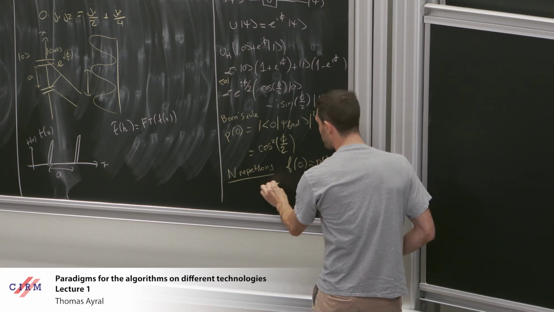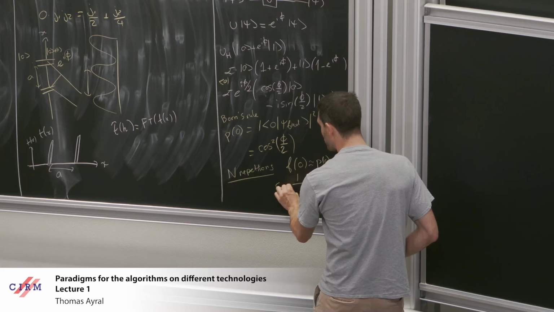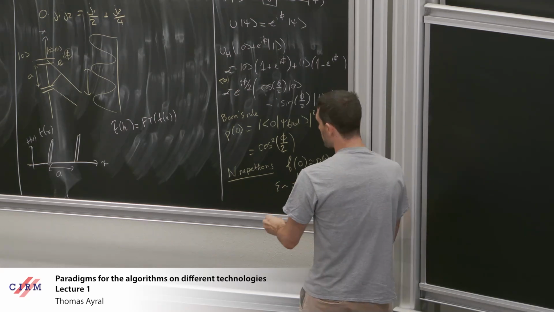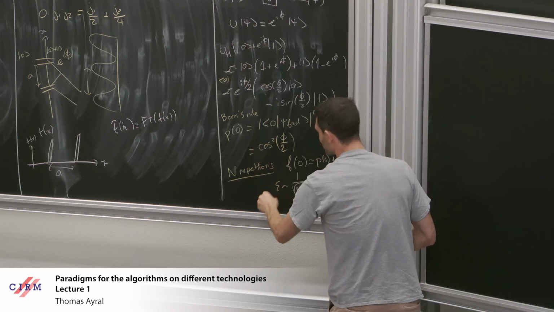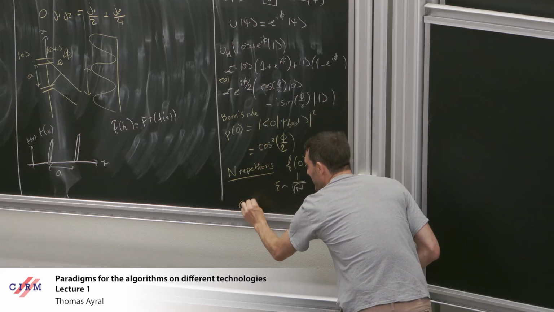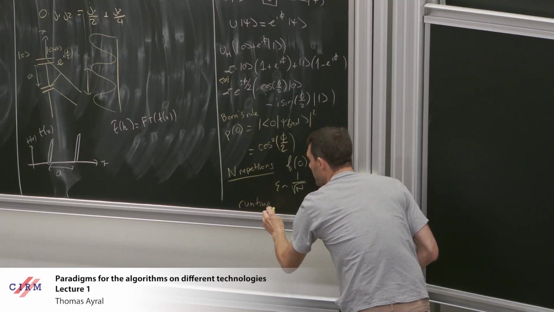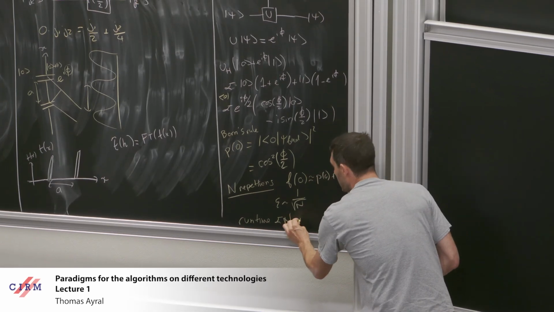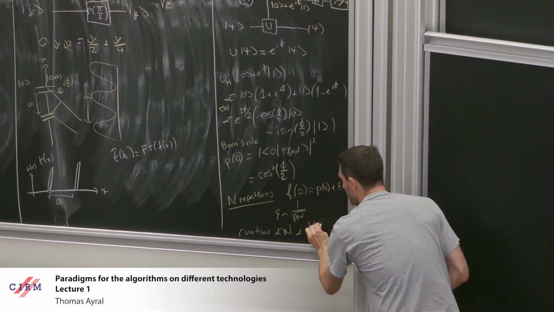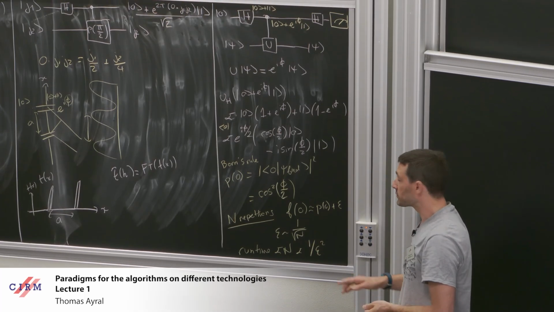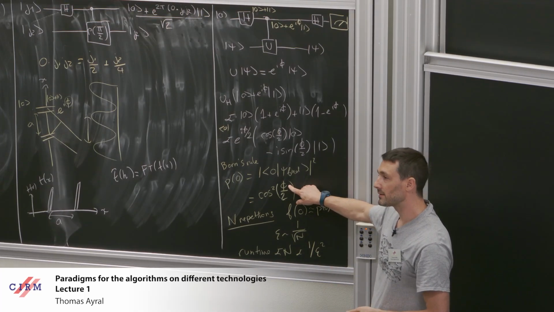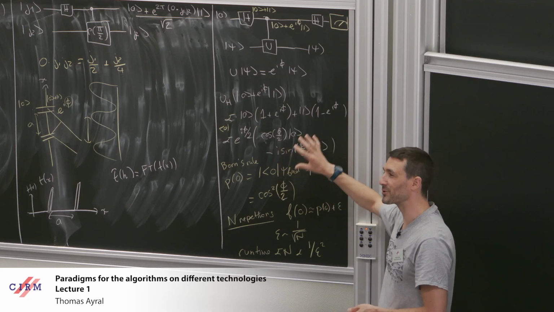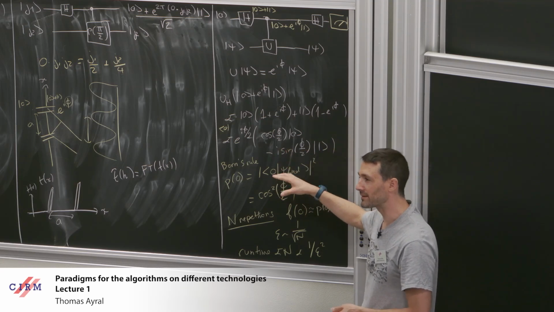And this error epsilon, you will agree with me, with the central limit theorem, is going to be 1 over square root n. So it means that the total runtime of my algorithm is going to be proportional to the number of repetitions, and this is 1 over epsilon squared. So if I want to reach a given accuracy on my phase, which, by the way, is the sine or cosine, so I don't really have the phase, but I could also measure other information to get exactly the sign of the phase.